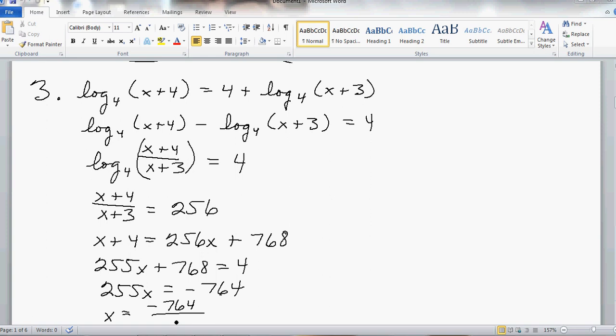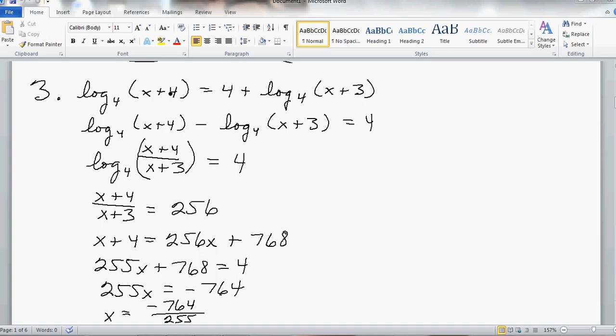Negative 764 over 255. Now we do want to verify that this indeed works as far as arguments. We have to make sure it still fits within the domain. Okay, negative 764 255ths is slightly bigger than negative 3.